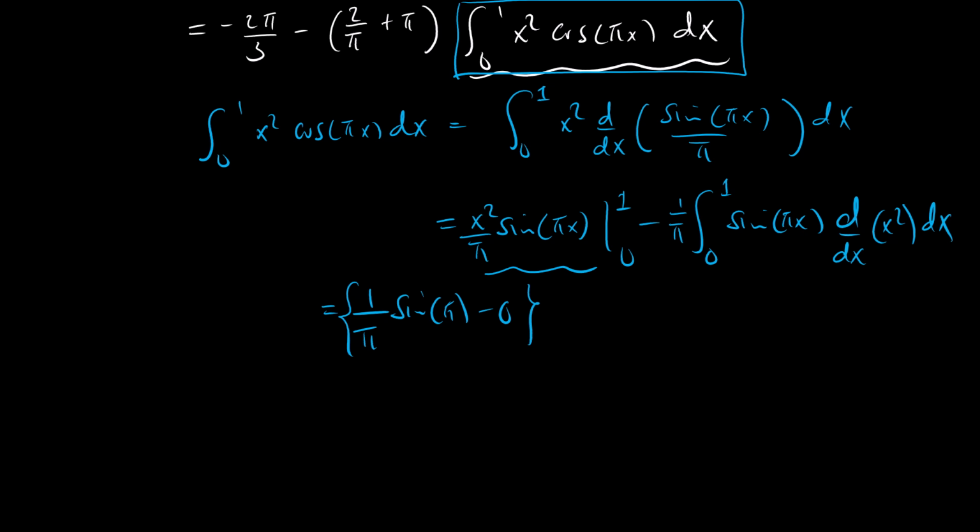Dealing with this, minus 1 over pi times 2x sine pi x.